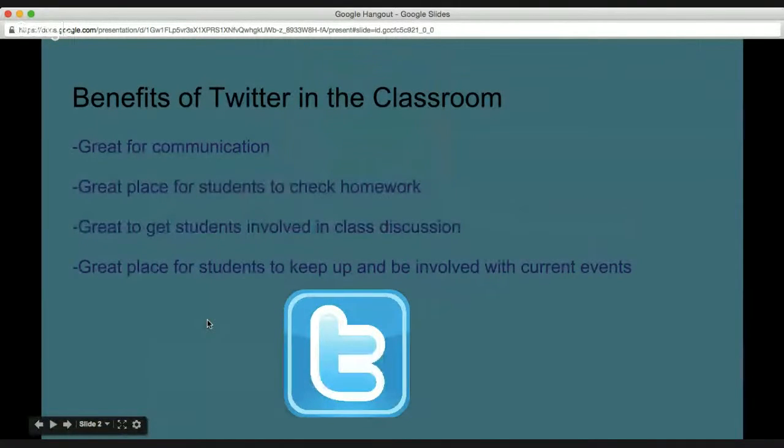All right, so there are a lot of benefits to using Twitter in the classroom, but just a few of them are that Twitter is really great for communication and having students learn communication skills because they can interact with different people. It's great for students to check their homework.